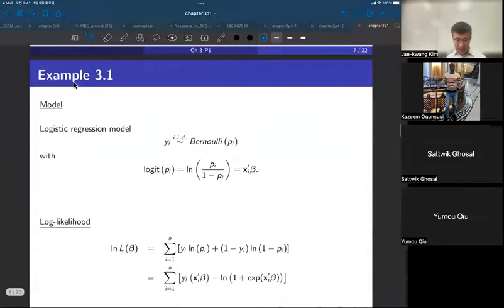Anyway, here's a simple example. You have a logistic regression.